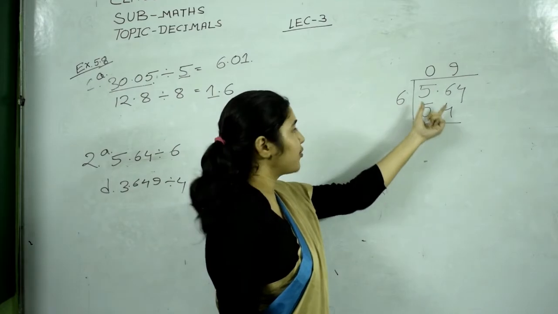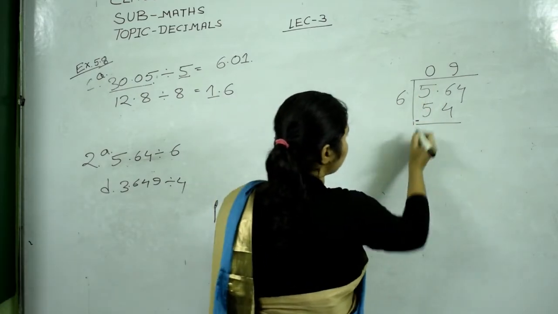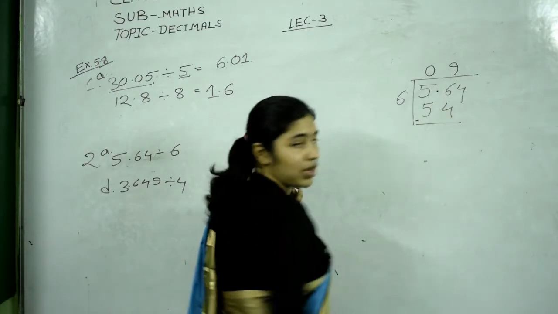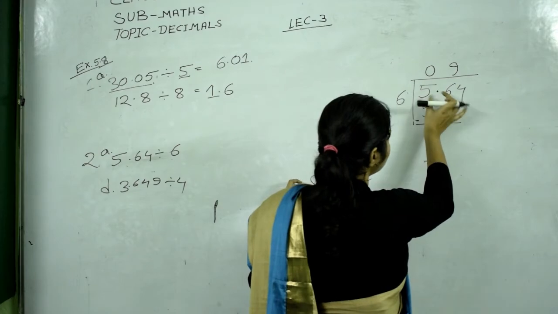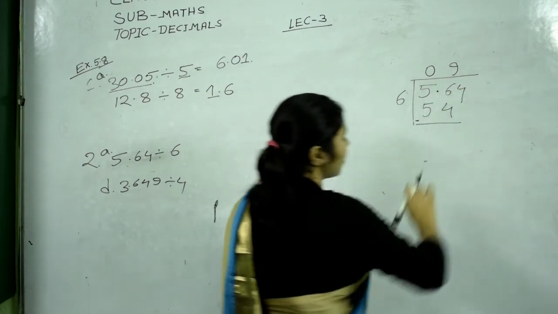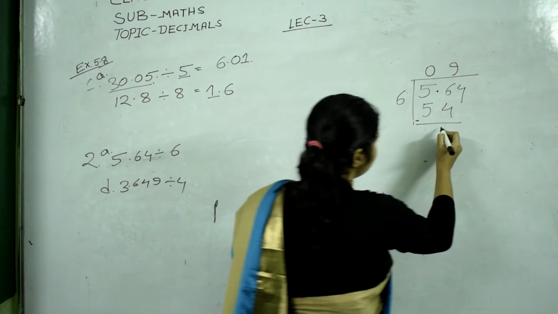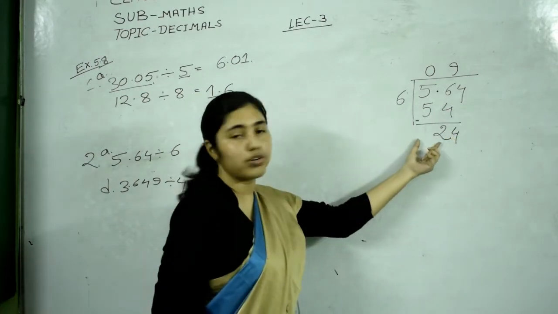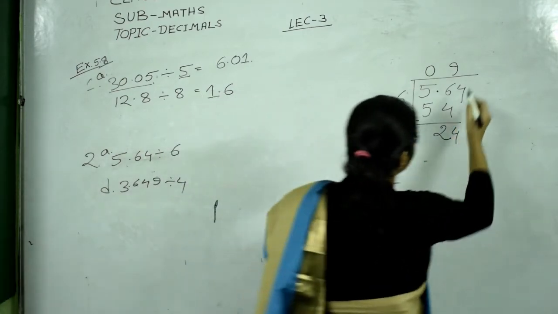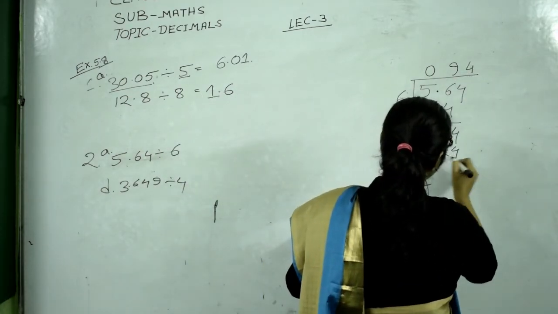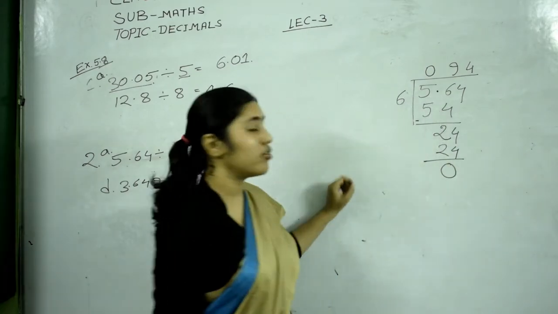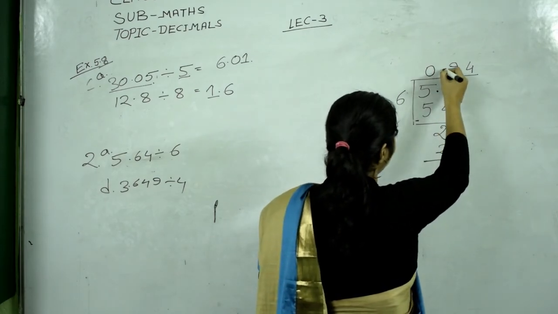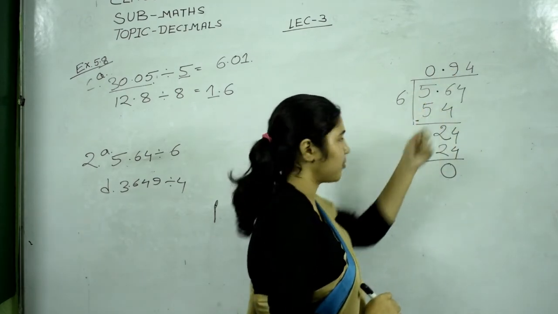So subtract 54 from 56. Ignore the point, but write the decimal point here, and subtract 54 from 56. So we will get 2. Now take this 4 here because 2 is not divisible by 6. So 4 6s are 24. Now insert the decimal point just above the decimal point of the dividend.